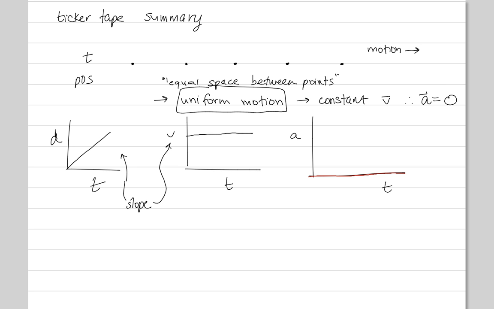Now let's do a non-uniform motion summary. Okay, so now on this next page, we're going to draw a ticker tape diagram where the dots start off close and then get farther out. Okay, this is for non-uniform motion.